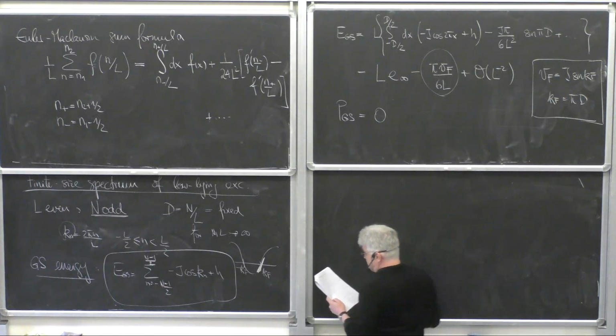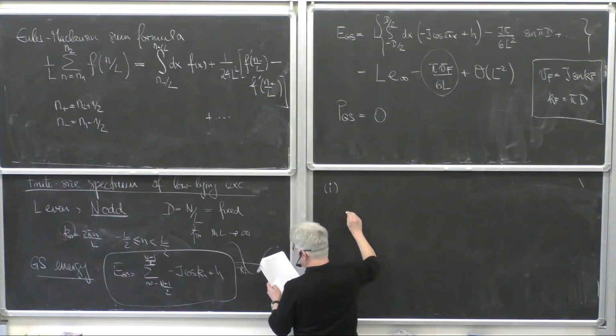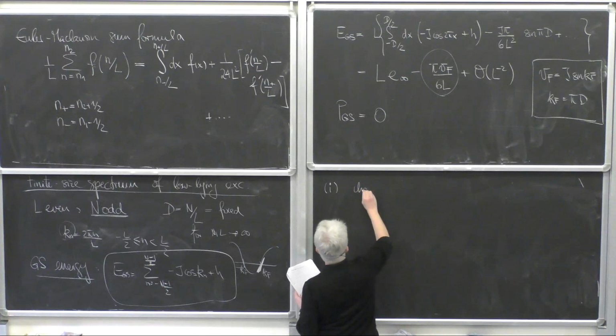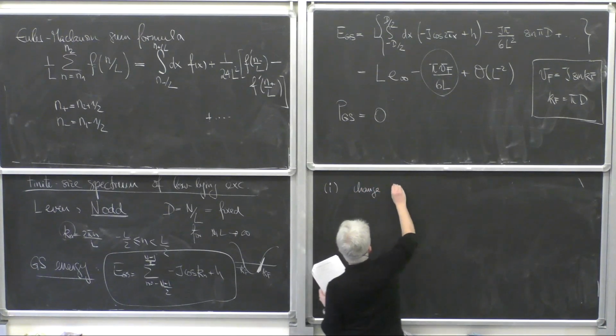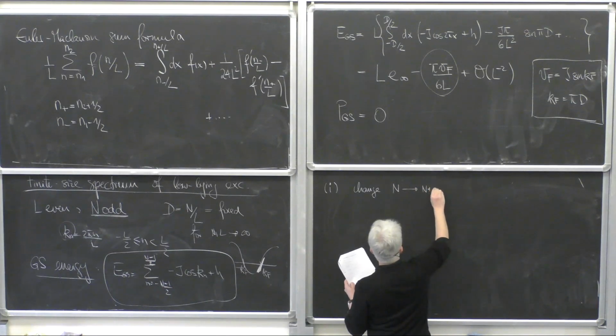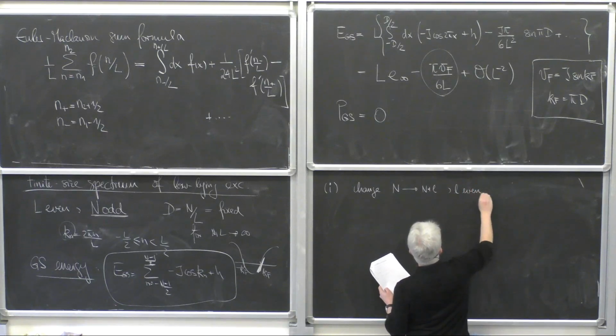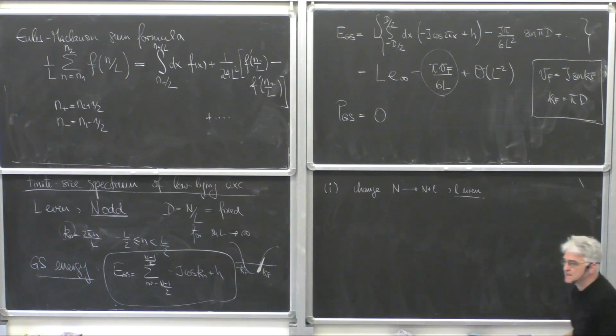Now the rest is quite straightforward. So now the first thing we can do is we can change n to n plus L, where L is even. So we stay in the same sector.